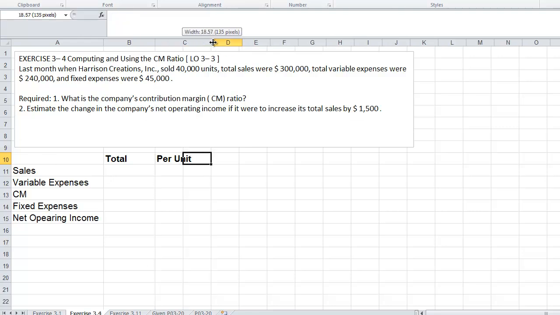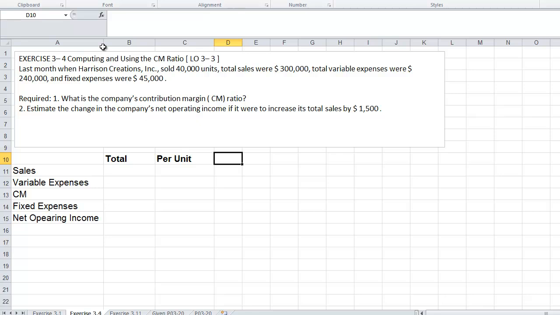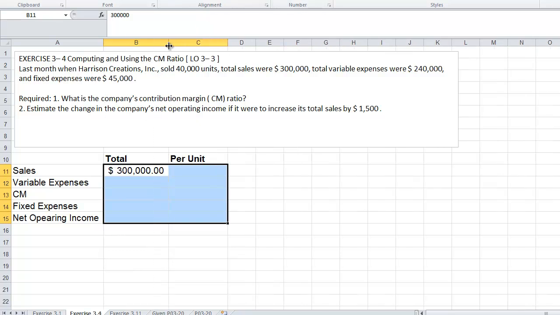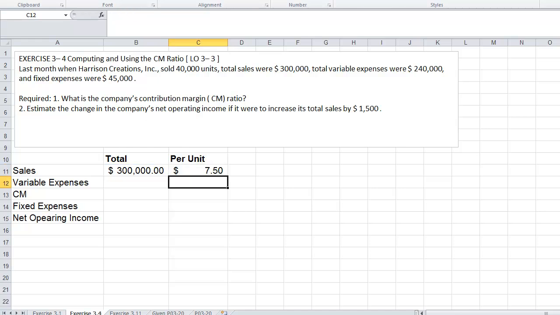In order to make changes, we'll need the per unit. So they gave us in the problem that sales were 300,000. I like to format these in dollars. To find the per unit, we take the number of sales and divide by the number of units, which were 40,000. So the selling price is $7.50 per unit.